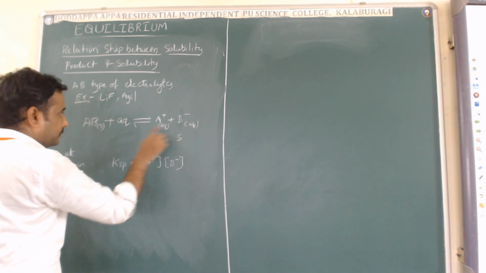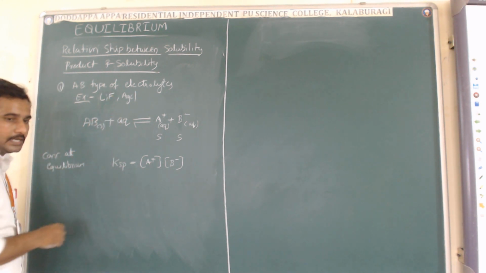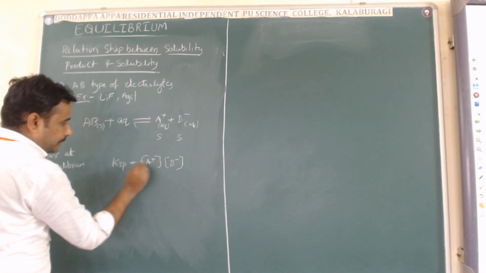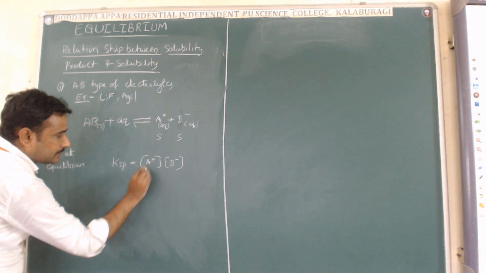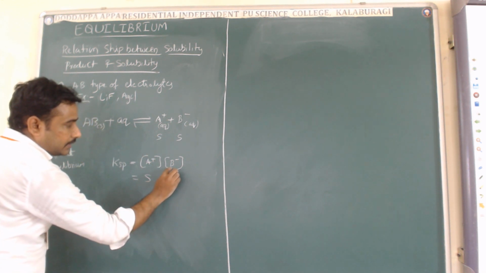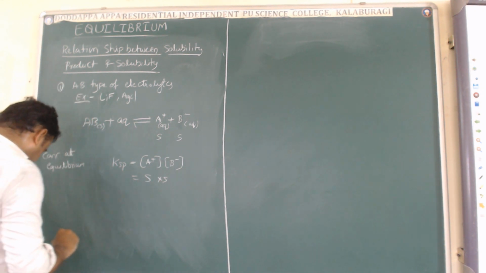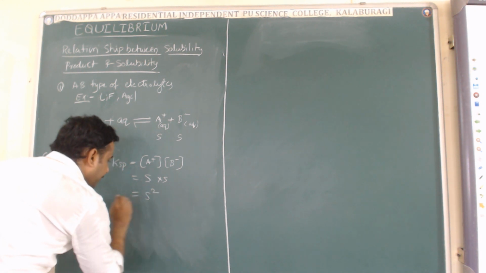The solid you have to leave out, as I told in the last concept. So KSP is equal to A plus into B minus. A plus is S, and B minus is also S. S into S, you get S square.